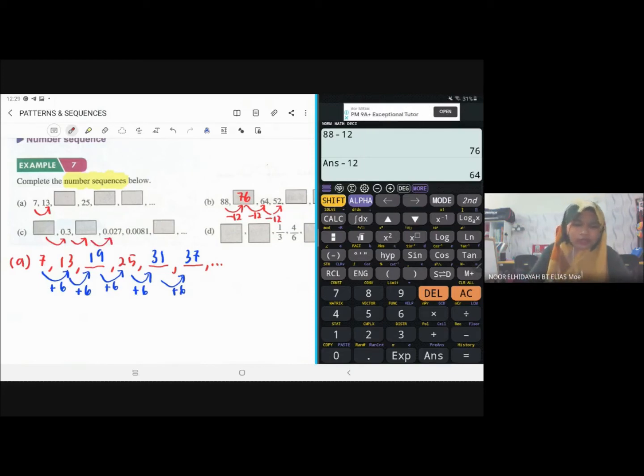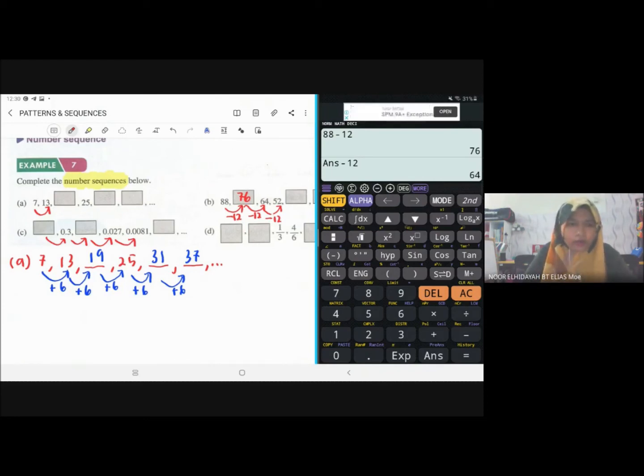Dan awak tengok 0.027 nak dapatkan 0.081. How? Kita tengok 0.3, kemudian ada blank, kemudian 0.027 and then 0.081. Banyaknya number ni.